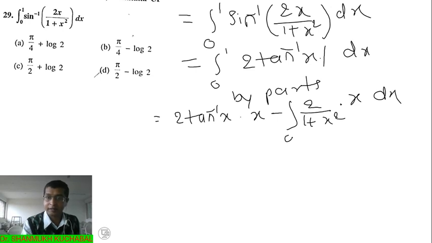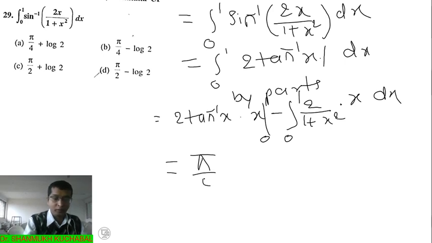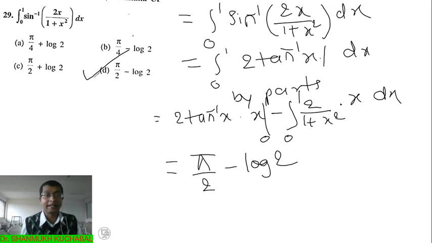The limits are from 0 to 1. Taking upper limit minus lower limit and simplifying further, we get the value as pi by 2 minus log 2. Therefore option D is the right answer.